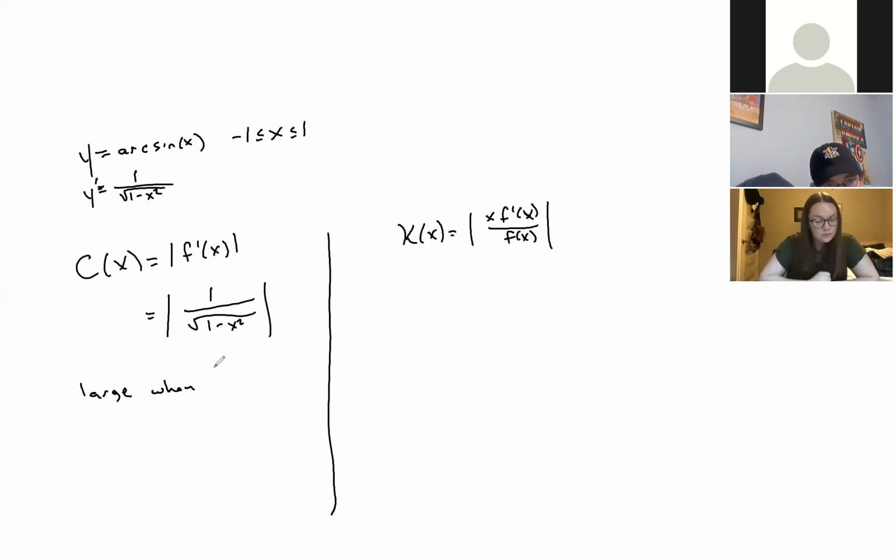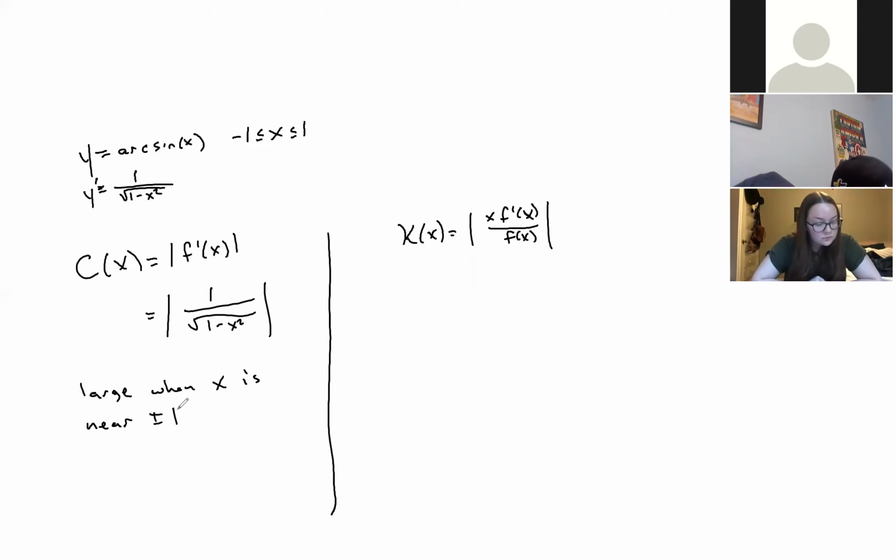And it's not just at 1 and at -1, it's when you're close to 1 or close to -1. Because if x is close to 1 or -1, then the denominator is close to 0, and if the denominator is close to 0, then that's a big number. So when x is near 1 or -1.